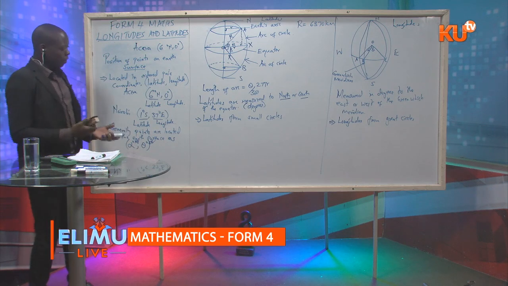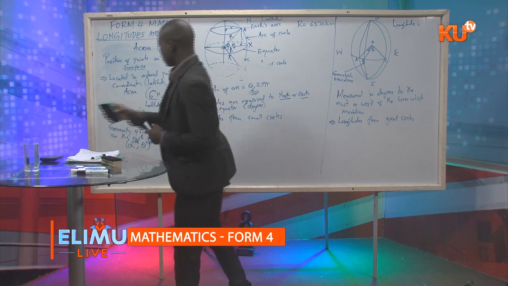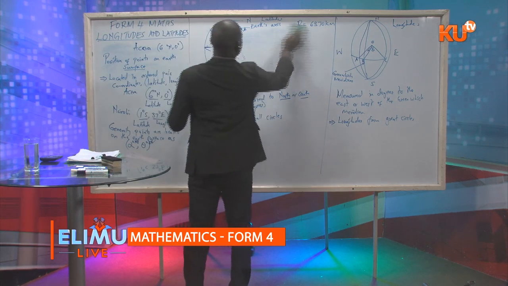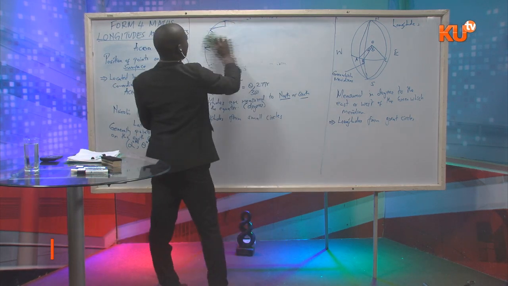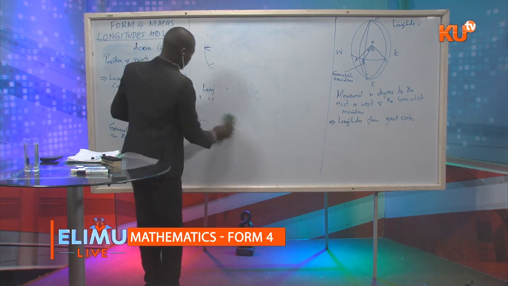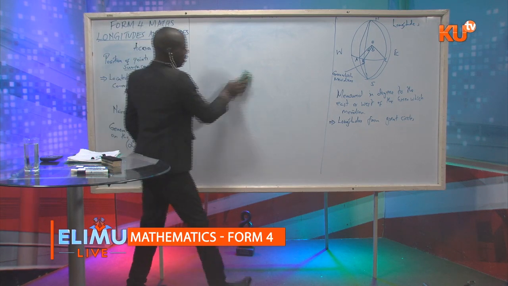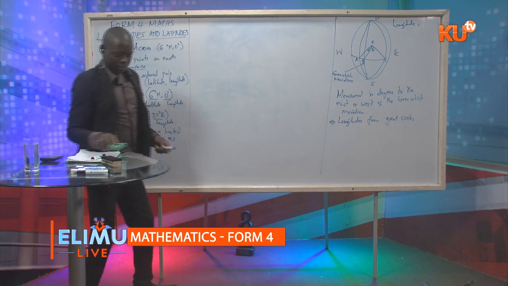Then we have to look at something very important, which is calculations. We want to see the calculations that are involved in this topic, longitudes and latitudes. Most of the questions that you will be handling will come from these calculations.